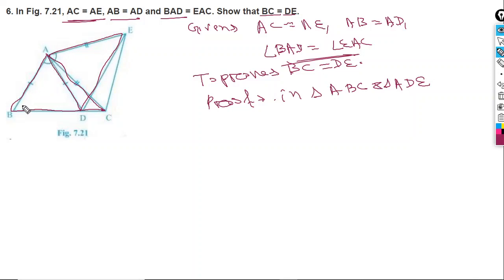AB equals AD. AB of triangle ABC is equal to AD, this side, of triangle ADE. So let AB equal to AD.